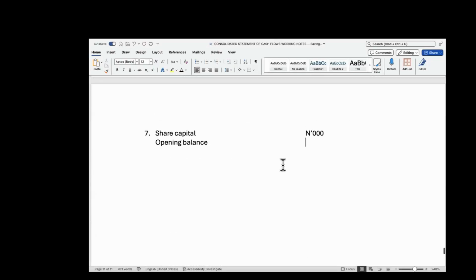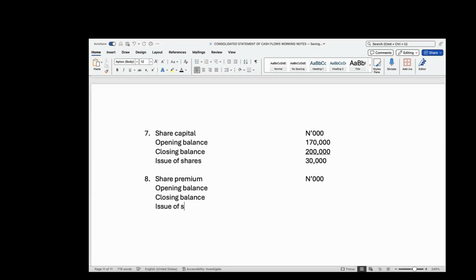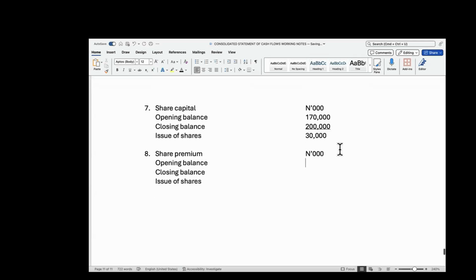That's a 30 difference. Share premium. Opening 30, closing 60. So there's a movement of... inflow.